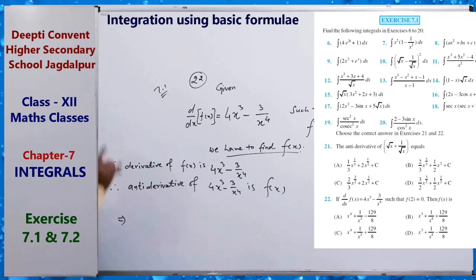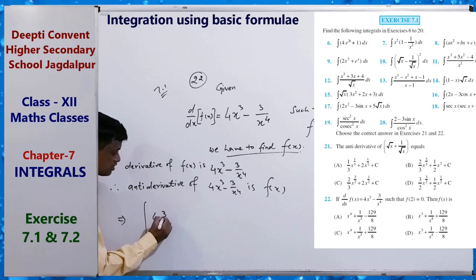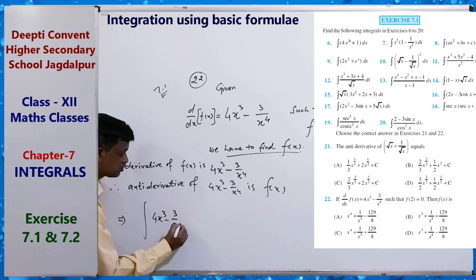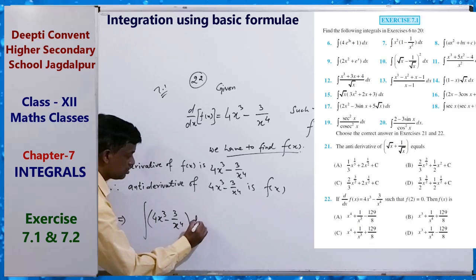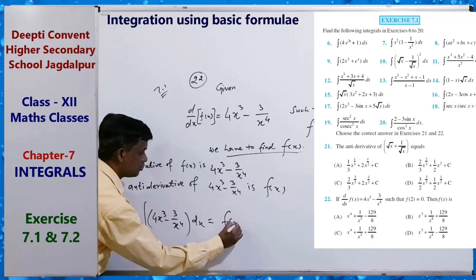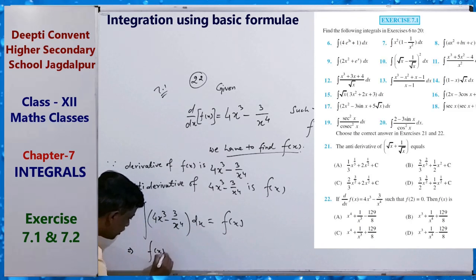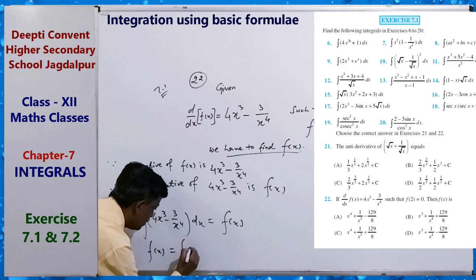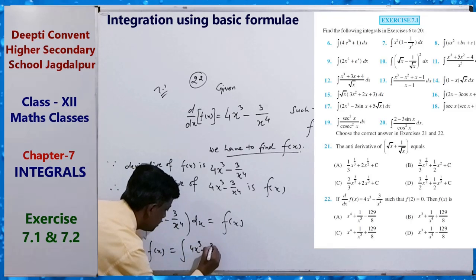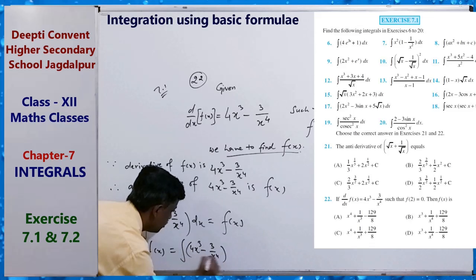Which implies the integral of 4x cube minus 3 by x to the power 4 is equal to f(x), by the definition of antiderivative. Okay, we have to find the value of f(x). So solve. f(x) equals the integral of 4x cube minus 3 by x to the power 4 dx.